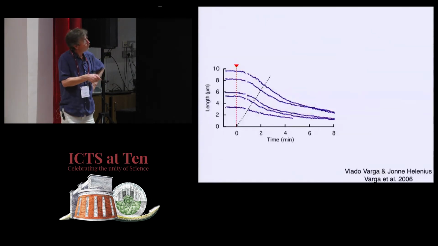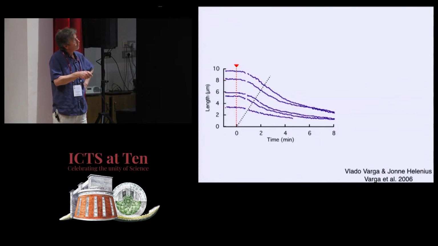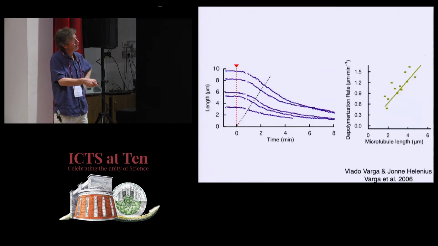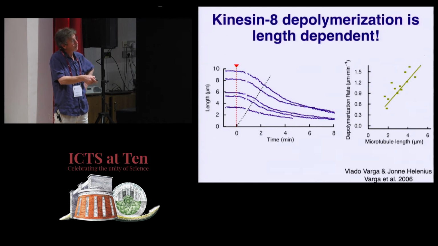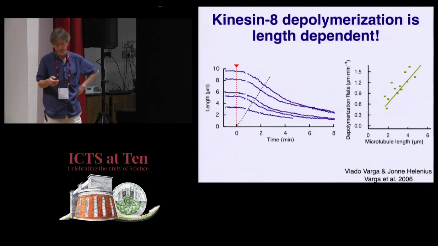Now, if we plot the lengths of the microtubules, what you see is that the microtubules shorten, but the longer microtubules shorten faster than the short microtubules. I just plotted here an example where the depolymerization rate is plotted against the initial length of the microtubule. And what you see is that the depolymerization rate increases with the length of the microtubule.